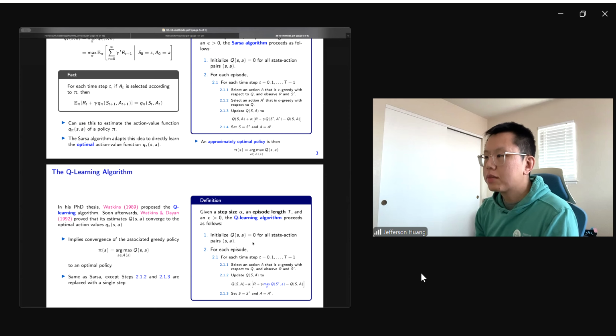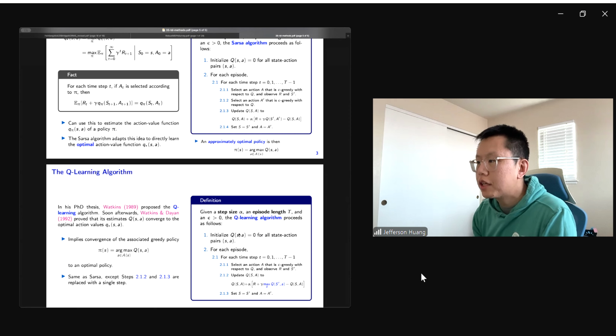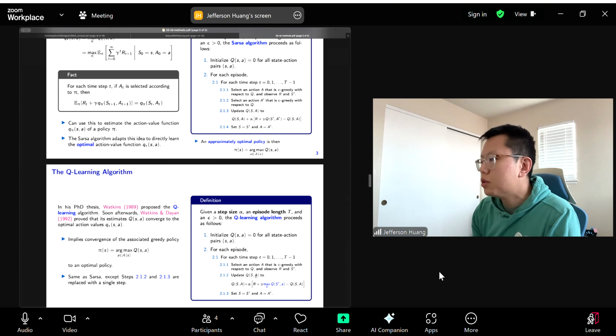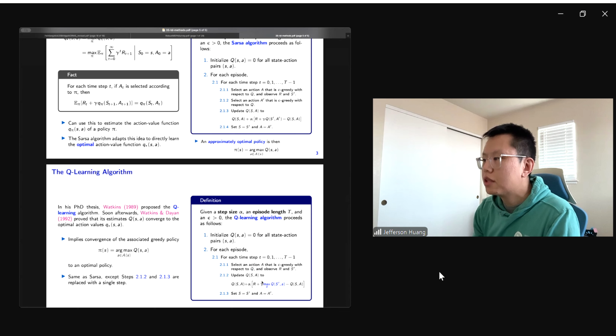If we look at Q-learning down here, going from the start of a given time step, you select an action that's epsilon greedy with respect to your current Q estimate, and you observe the realization of the reward at the next state. Then in Q-learning, you immediately update your Q-value estimate.